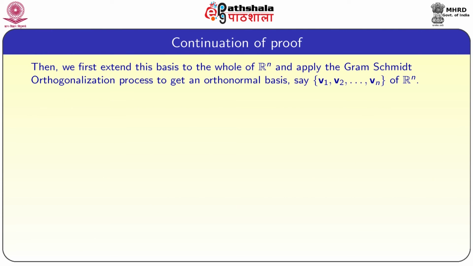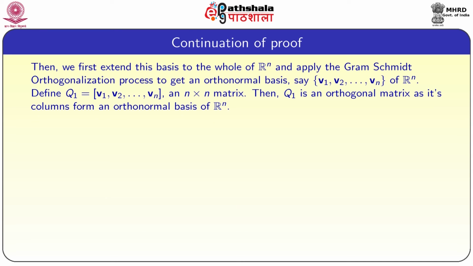Then we first extend this to a basis of the whole of R^n, and then apply Gram-Schmidt orthogonalization to get an orthonormal basis, say v1, v2 and so on up to vn of R^n.